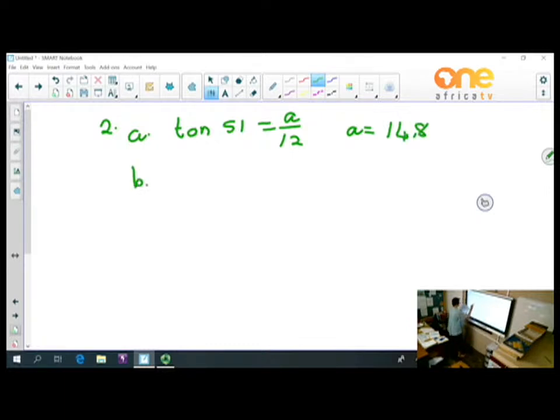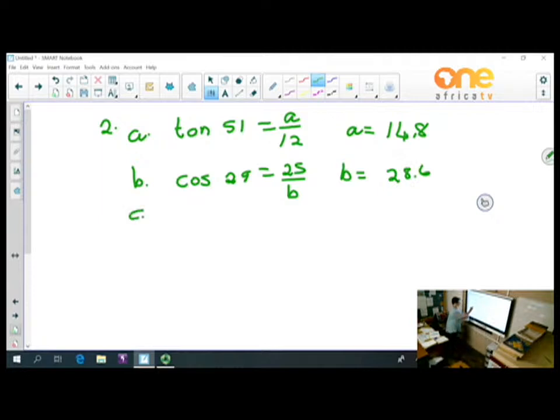The next one, number B. Which function? Cosine. So cosine 29 is equal to 25 over B. Which method now? Bottom divide. So 25 divided by cosine 29 is equal to 28.6.